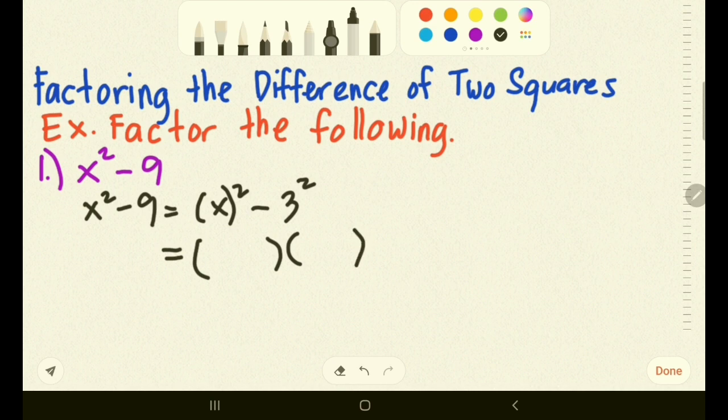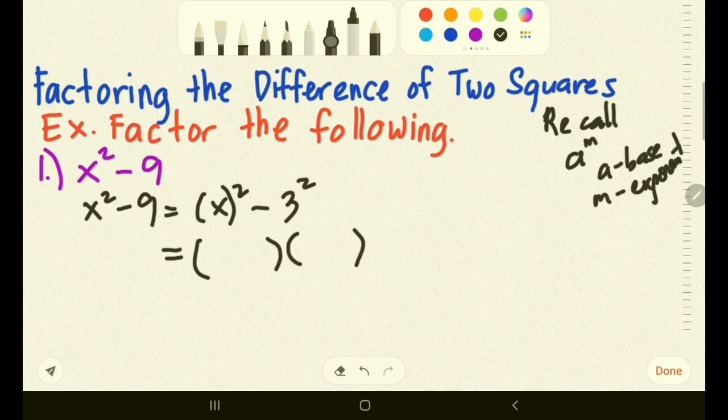I just want to clarify. Recall, a to the power of m: a is the base, and m is the exponent. Please bear that in mind.